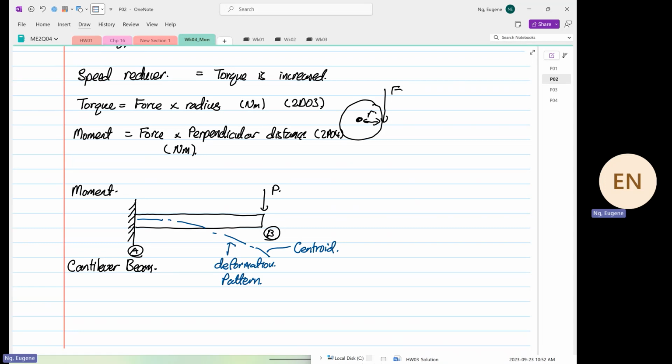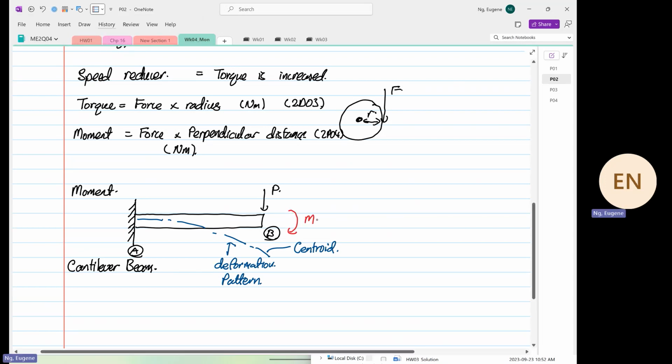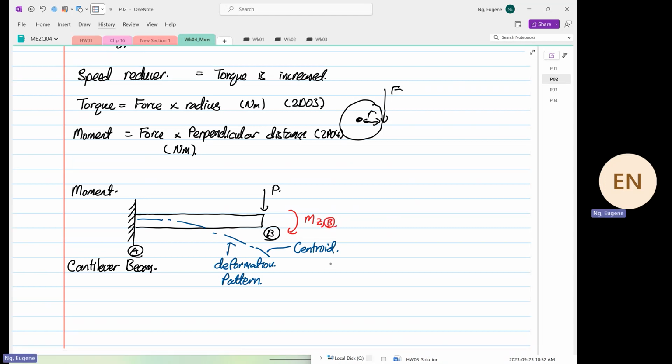Now at point B, what we have is a force coming down. This is moment Z at point B. Okay. So if this is my transformation, X, Y, rotation about Z. Now, what are the reactions at point A? Can you remember? Can you all visualize?